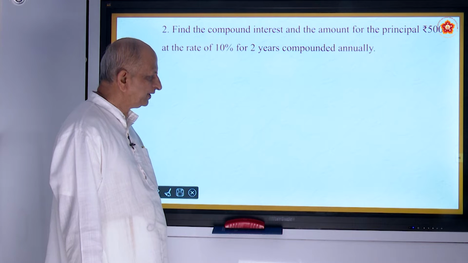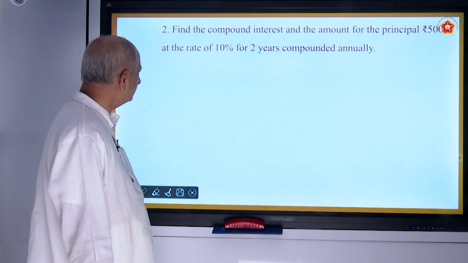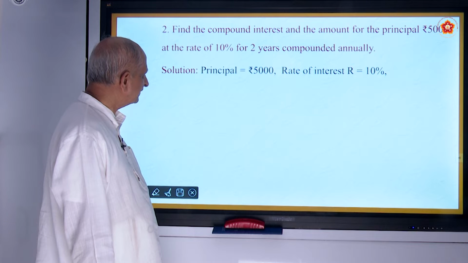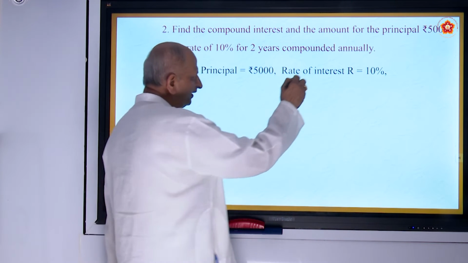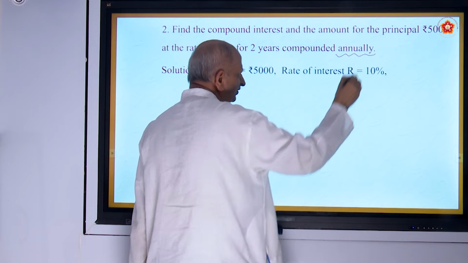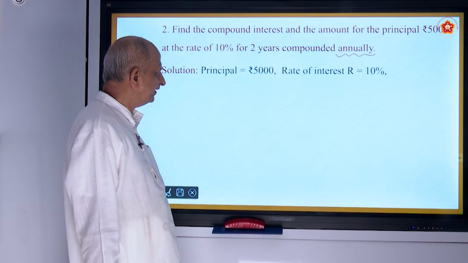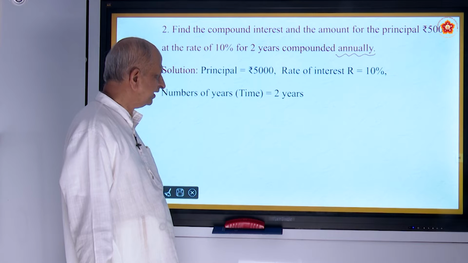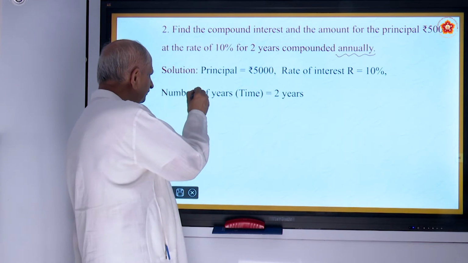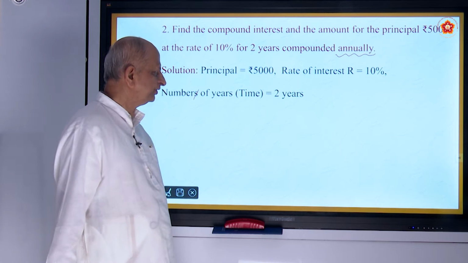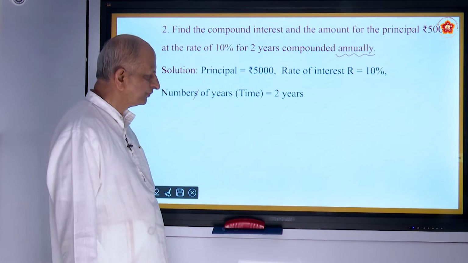Find the compound interest and amount for the principal 5,000 at the rate of 10% for 2 years, compounded annually. What is annually? Per year. So, principal is 5,000 rupees, rate of interest is 10%, number of years is 2 years. So, what is the formula?